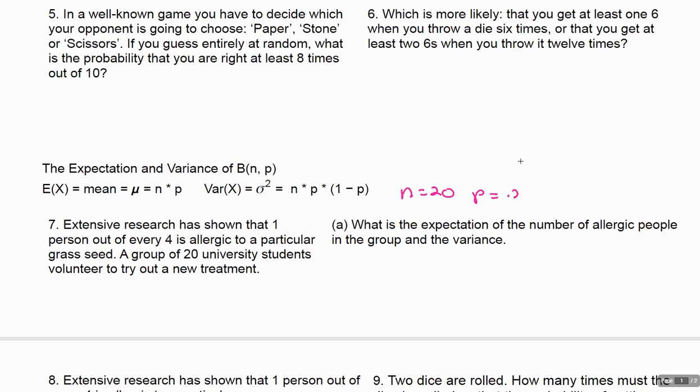All right. Now, all I got to do to find the expected value is multiply those together. What's 20 times 0.25, or divided by 4? 5.